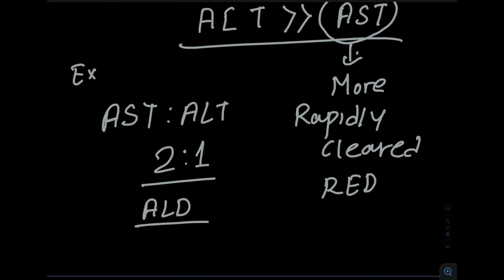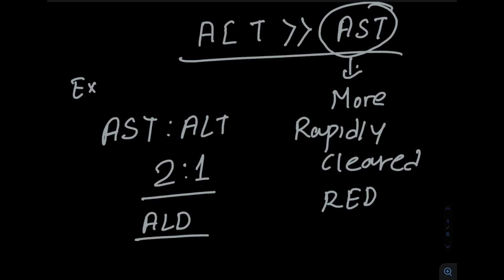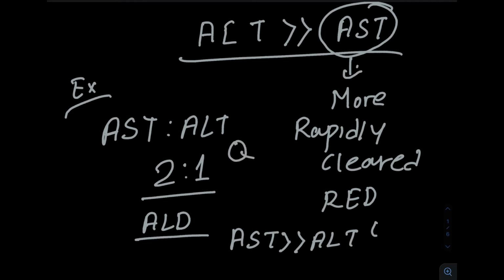So the exception to the rule that ALT is always greater than AST is seen in alcoholic liver disease, where AST is greater than ALT. This is a very important question and also a very important concept for clinical judgment.